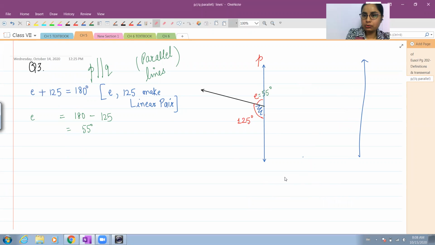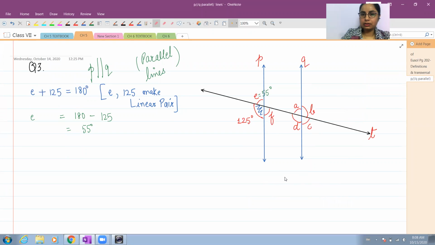Now let's go back to the original diagram here. Now I need to find out the remaining ones. What do you think about the others? Ma'am, F is the vertically opposite angle of E. That's correct. Can you tell me the reason?